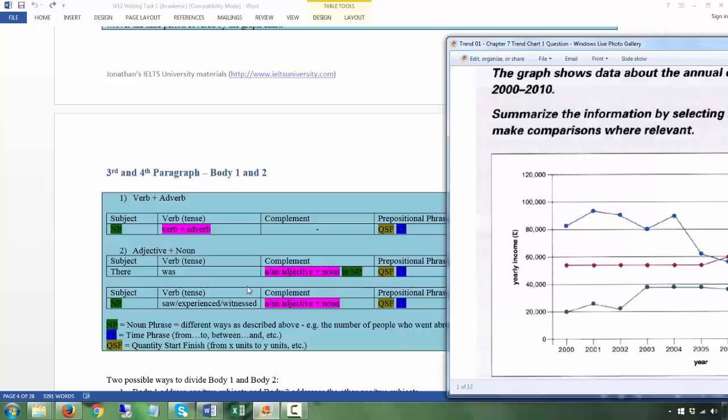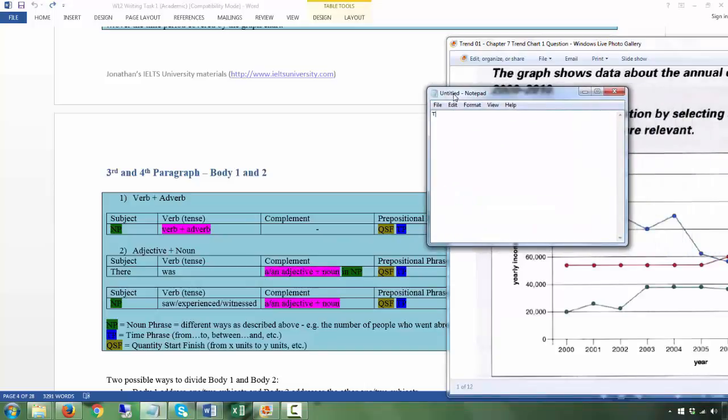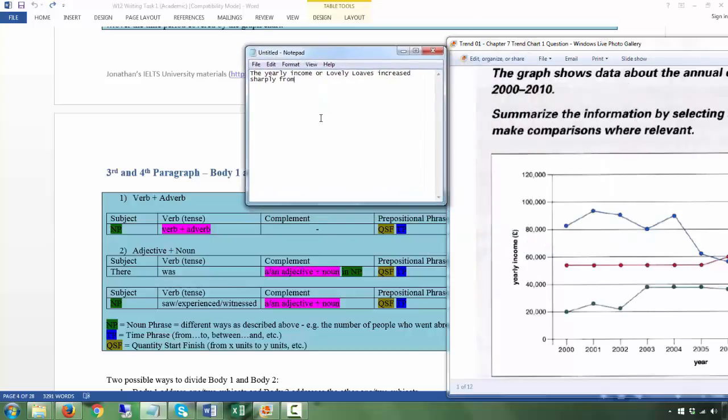Let me just write it for you here. So you can say something like the yearly income of Lovely Loaves, this is a noun phrase, increased sharply from around 81,000.